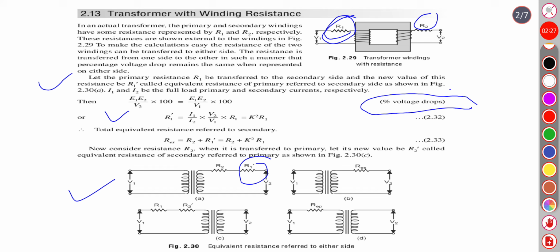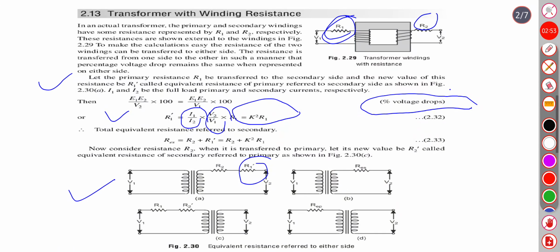or R1 dash equals I1 upon I2 multiplied by V2 by V1 into R1. So as we know, V2 by V1 is the transformation ratio. Again, I1 upon I2 is also a transformation ratio. So this will become K square R1.